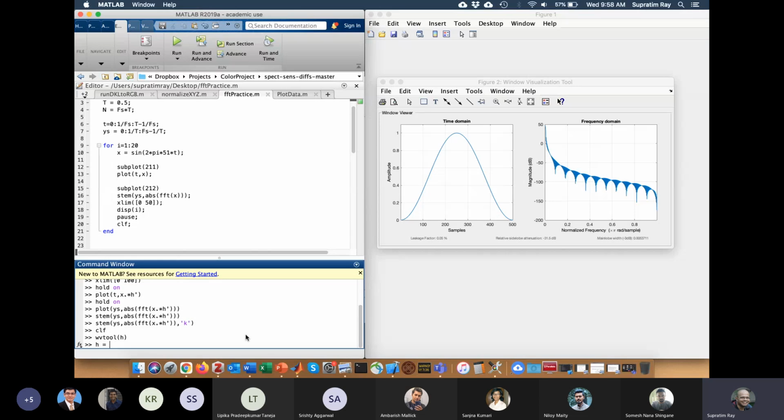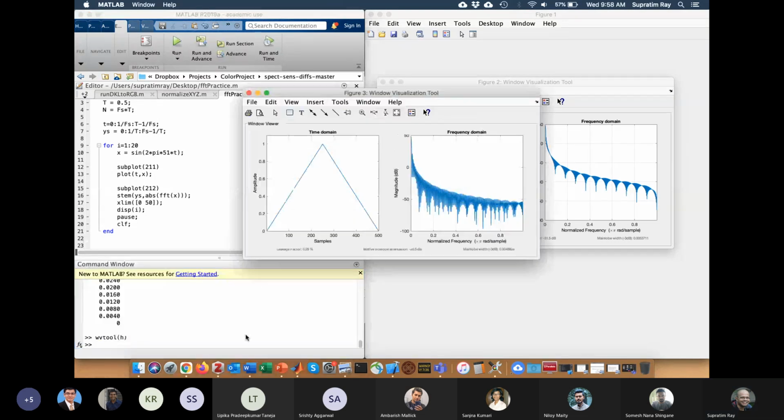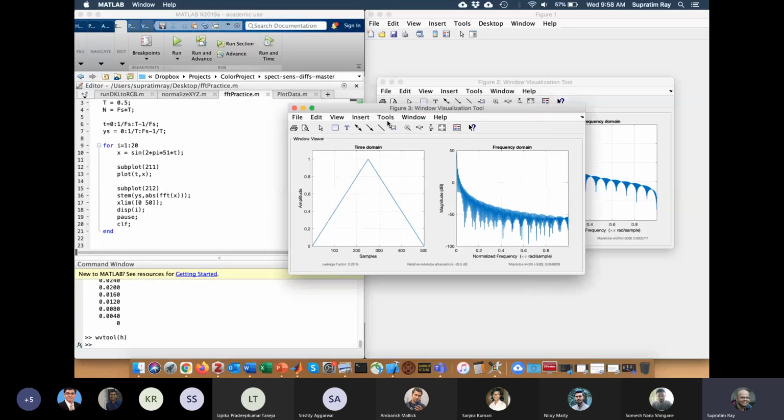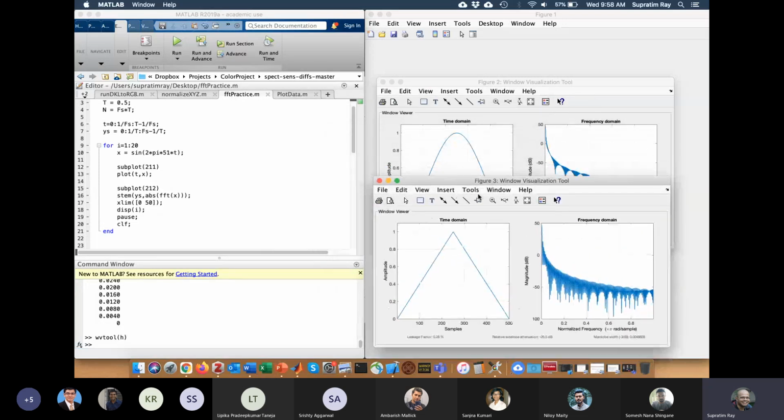You can create windows and look at the window here, and it will tell you what they do. So this is a Bartlett window, and you can easily see how it's distorting. This is the Fourier spectrum of the window. This is the distortion that you see in the original signal.